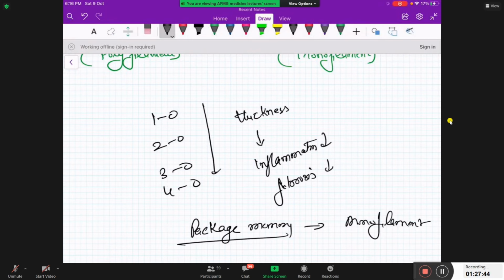This iPhone charger mainly gets weak at this point. Why? Because of this package memory, the area where it is getting coiled is getting weakened. So because of that package memory, the strength of the monofilament suture also decreases. So package memory is a bad thing. But this package memory is only there in the mono.